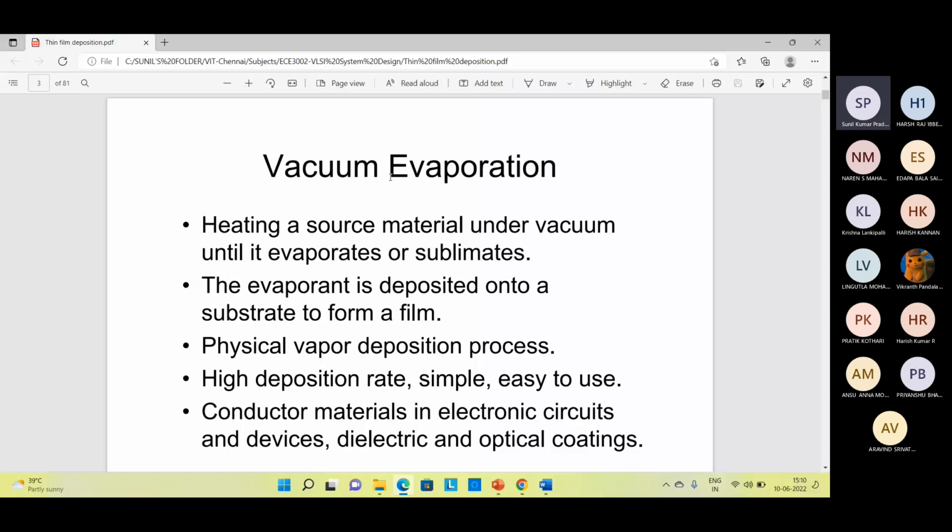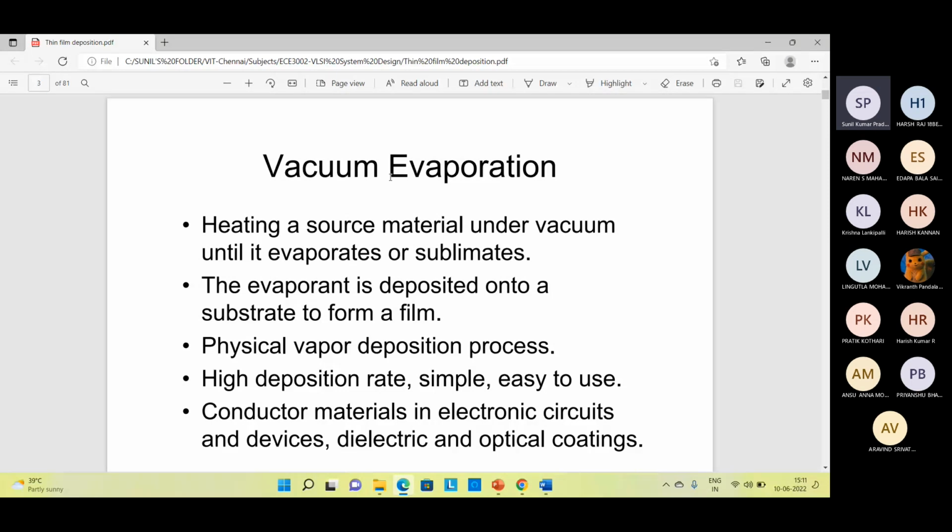As long as the vacuum is good, we are able to evaporate, and as long as the evaporation is good, we can deposit the material onto the substrate to make the film. That is a very important thing in vacuum evaporation.